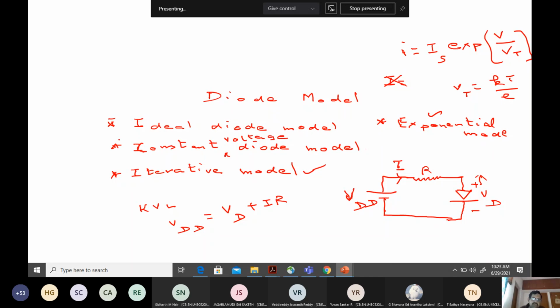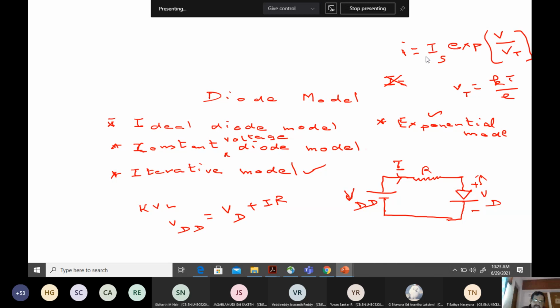iterative model. So if I compare all these models, let us complete the ideal diode model and constant voltage model to begin with. After that, the exponential model is good. Knowing the forward applied voltage, we can know the current that flows through, provided we know the diode characteristics in terms of its diffusion length and the diffusion coefficient and constant.